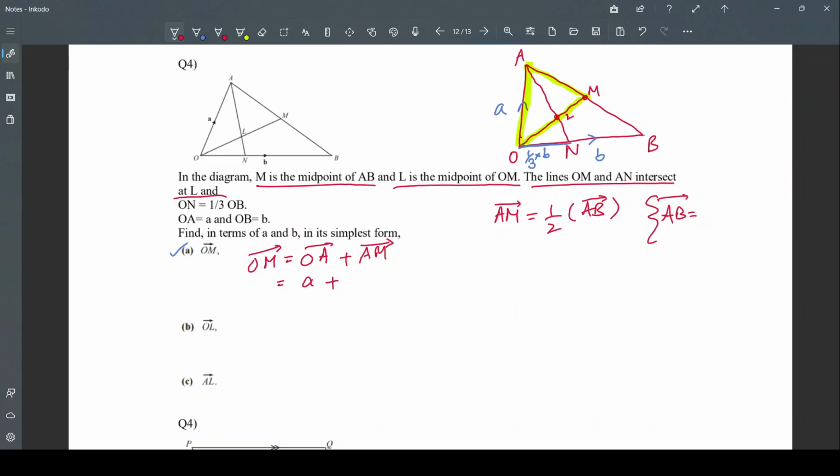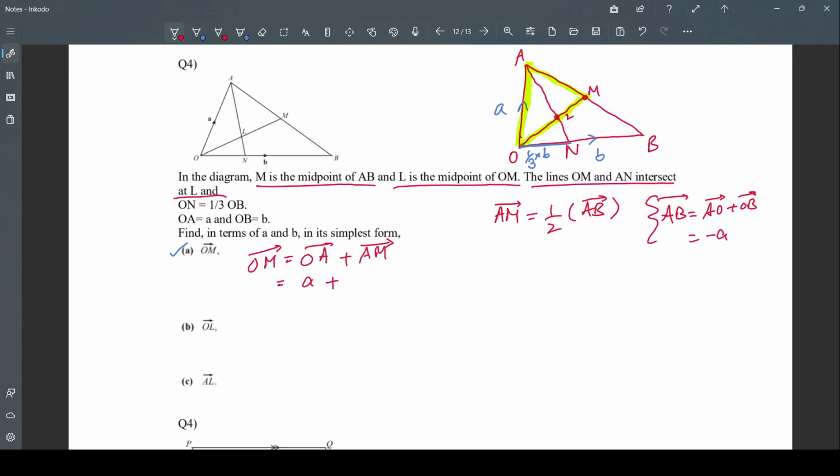For calculating the AB vector, I have to go like this: AO plus OB. So AB equals AO vector plus OB vector. What is AO?